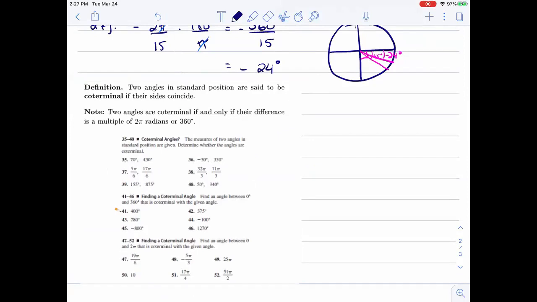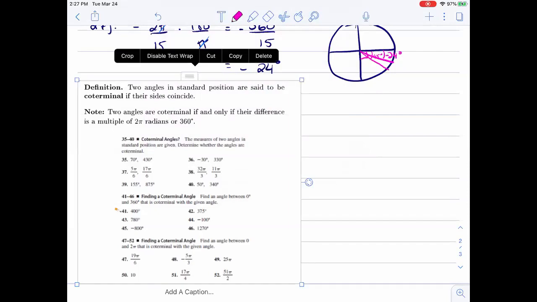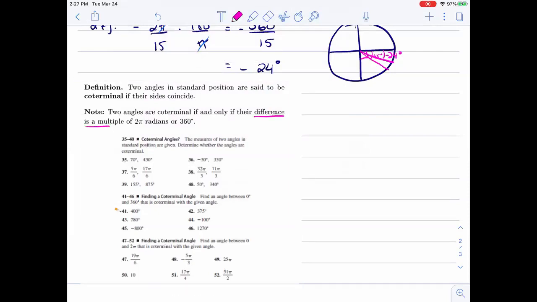Let's do, so the measures of two angles in standard position are given. Determine whether the angles are coterminal. Okay. And so as long as we remember that they're coterminal if their difference is a multiple of 2 pi radians or 360 degrees, meaning that we've gone around the circle one time.